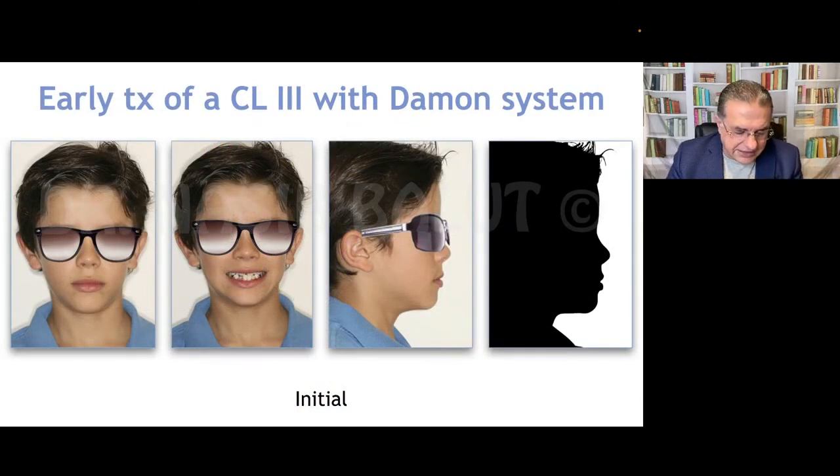So let's see now an early treatment of a class 3 patient with the diamond system. We will see the photos of this patient. This patient is about 8 years old.